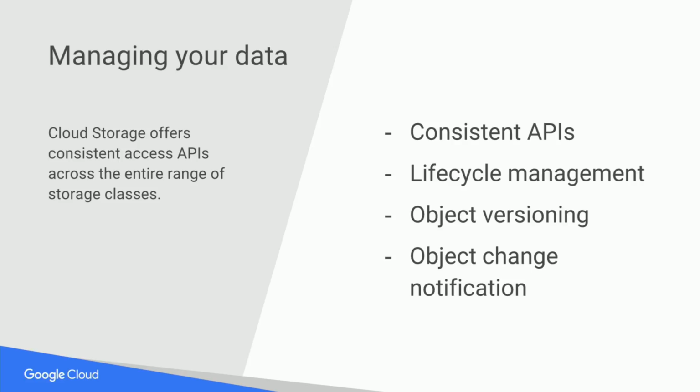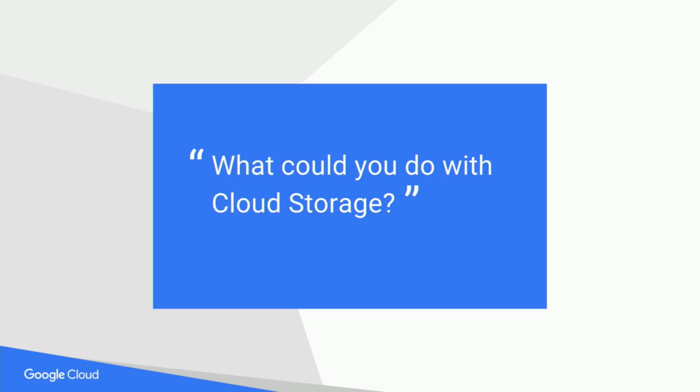What you would do is you would configure object change notification on the bucket. Every time a new file gets uploaded, a webhook fires, talks to your server application that then responds by creating the thumbnail. Okay?